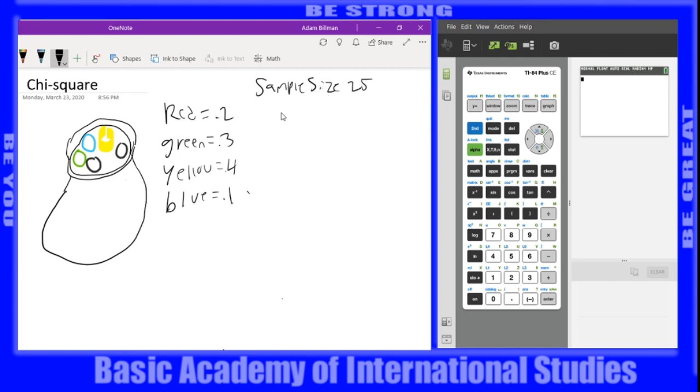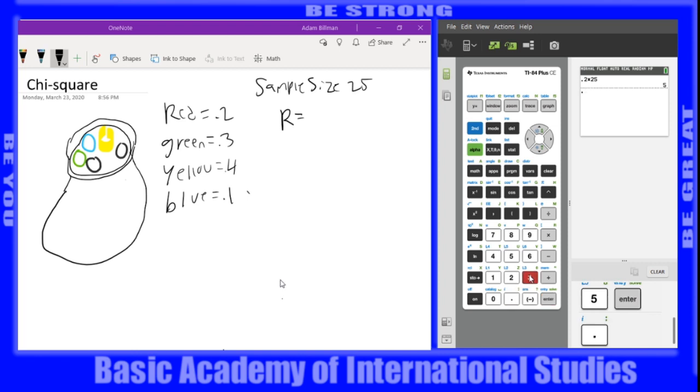So that means that the true amount of red balls we should have would be 0.2 times 25, which we could go ahead and do that math inside of our nice calculator. It's just simply 20%, so 0.2 times 25 gives us 5. And we could continue this as well.